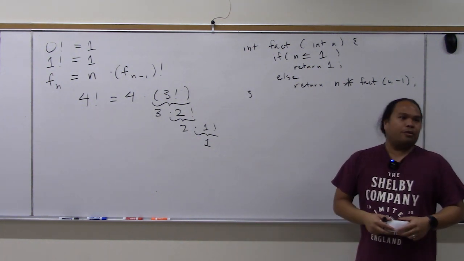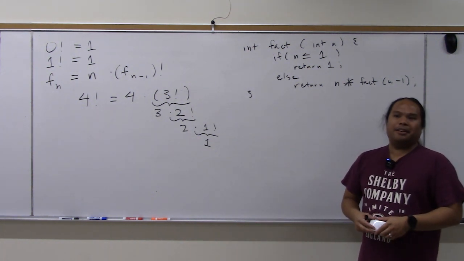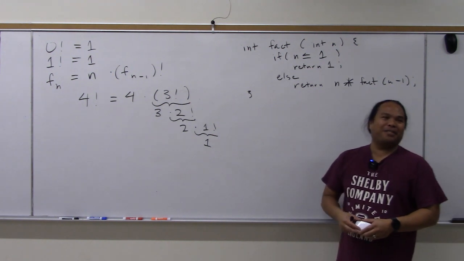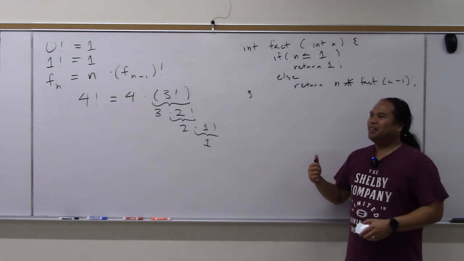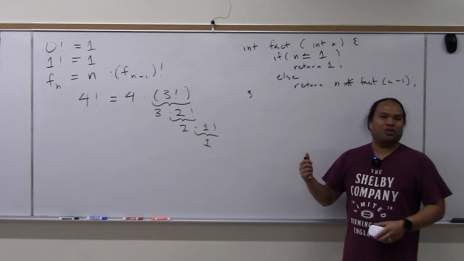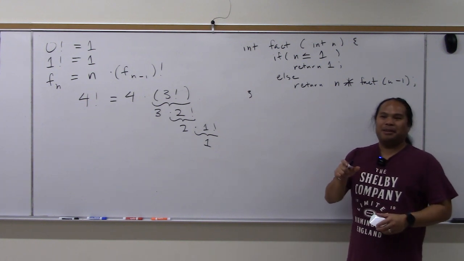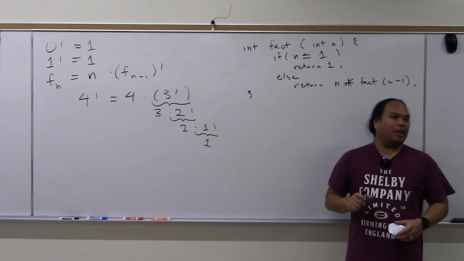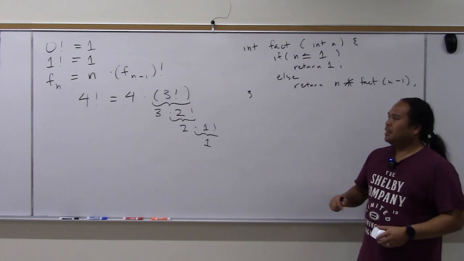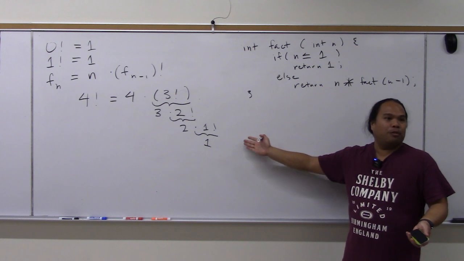Why would you ever use factorial? I don't know. I don't think I've ever gone over an algorithm that actually involves the factorial as functionality in the algorithm. It's just a very common example in computer science because it's a great example for recursion.